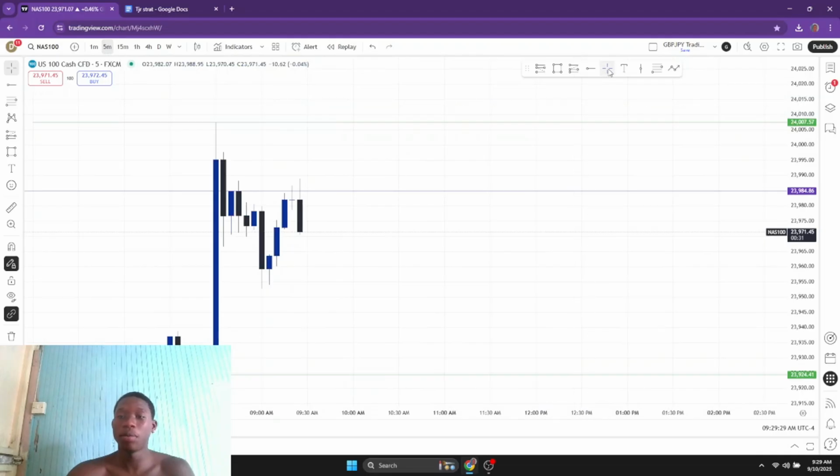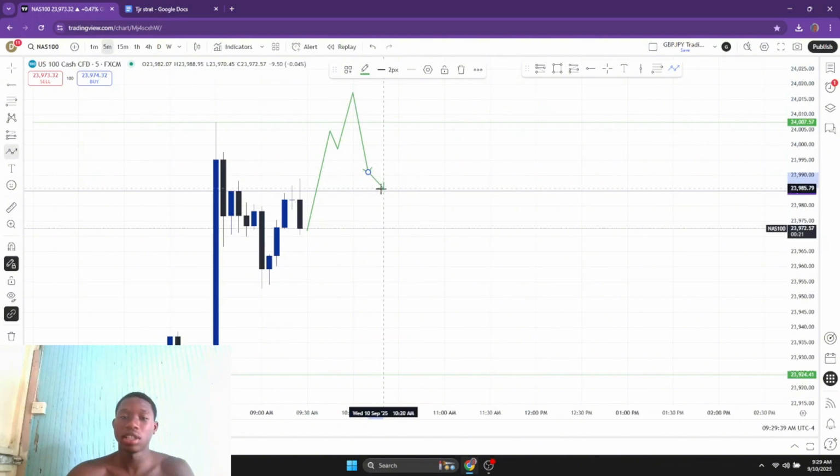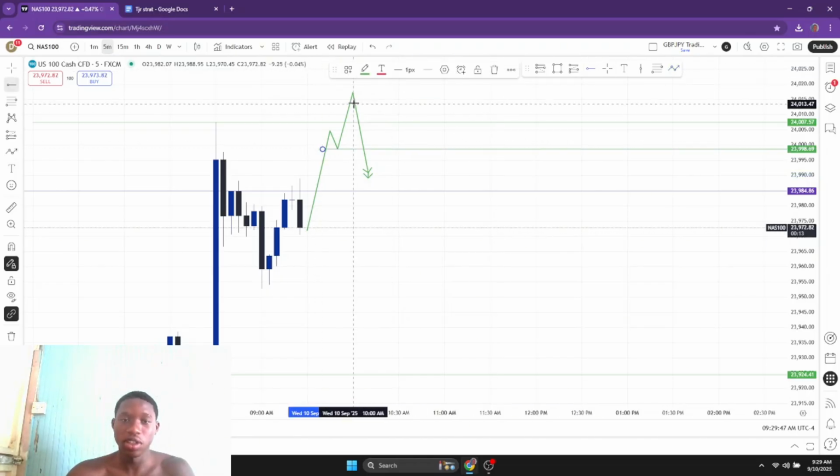But hopefully, what we want price to do is come up there, sweep that liquidity point, and break structure on a downtrend like that. So we see it sweep liquidity up there.